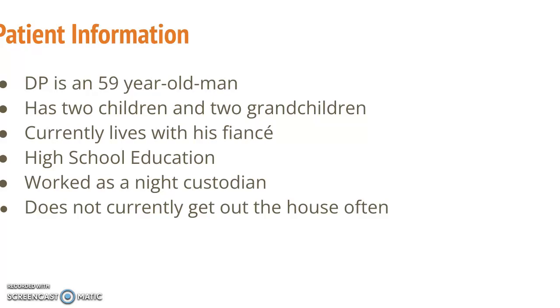And he explains that he does not get out of the house often. DP explains that his daughters, in addition to his grandchildren, do visit occasionally, but not very often.